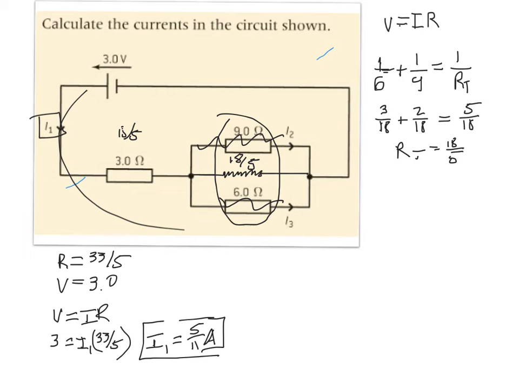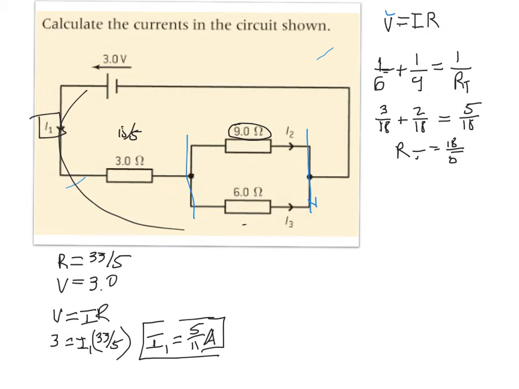All right? Now, I need to figure out I2 and I3. Now, in order to do that, knowing that V equals IR, knowing that I have the resistance, what I need here is the potential that's lost over this segment right here.